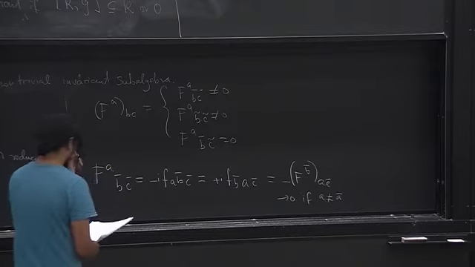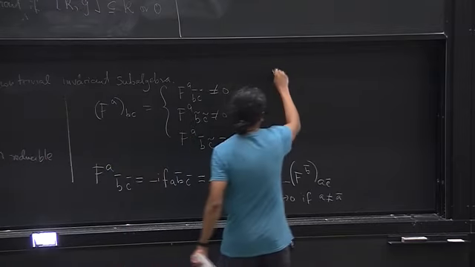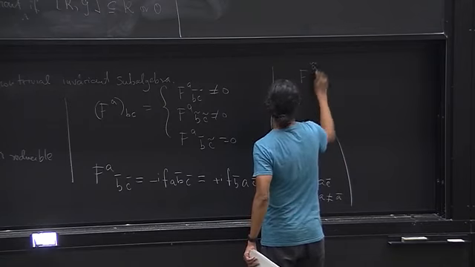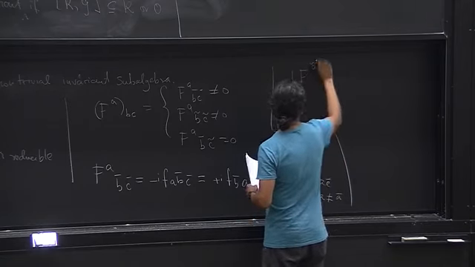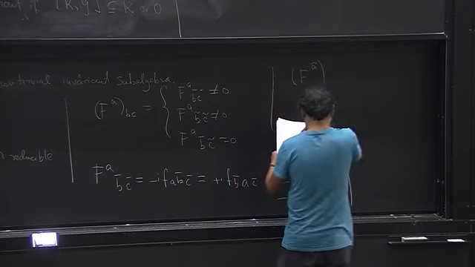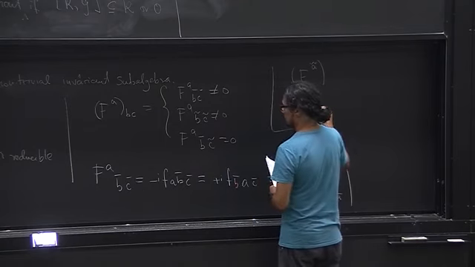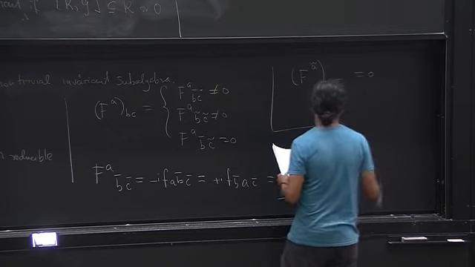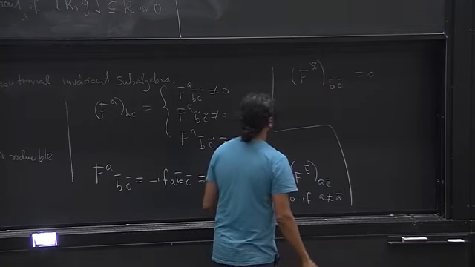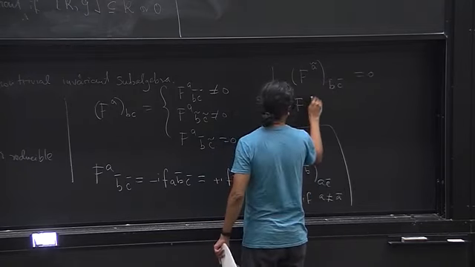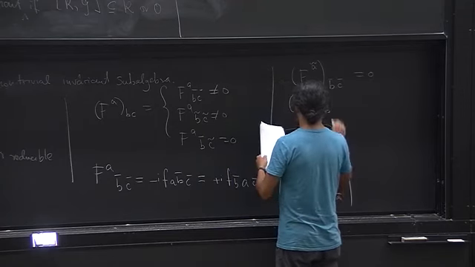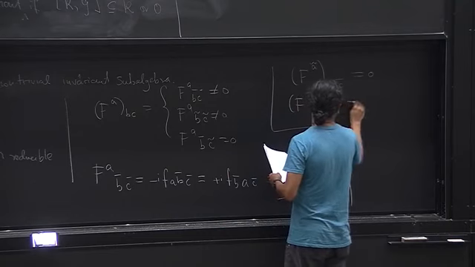So this means that f of A tilde B bar C bar is 0. Using similar logic, I can show that f of A bar B tilde C tilde is 0.